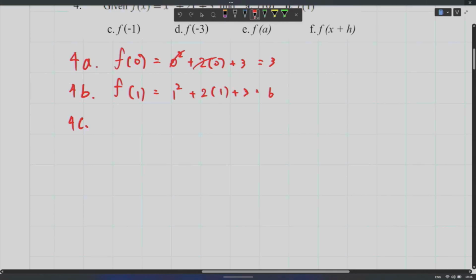For c, f of minus 1, we can just plug it in. Minus 1 squared is 1, this is minus 2, and this is 3. So it's 1 minus 2 plus 3, which is 2.